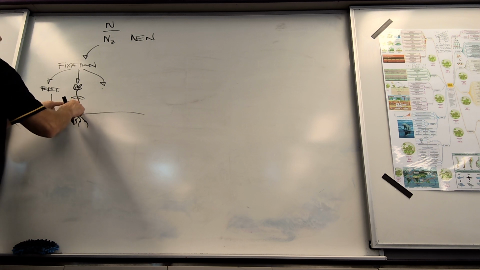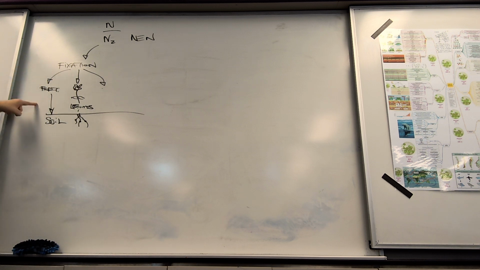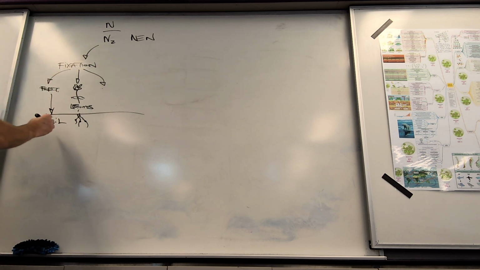I'll write that word for you there. So this is called biological fixation. That one was called industrial fixation. Legumes have on their roots little nodules that contain bacteria that take the nitrogen from the atmosphere and put it into the soil.